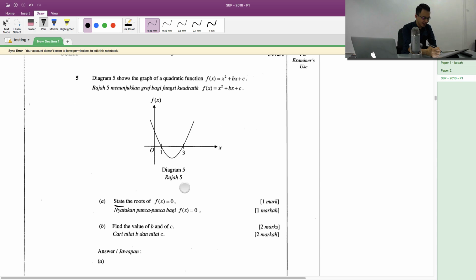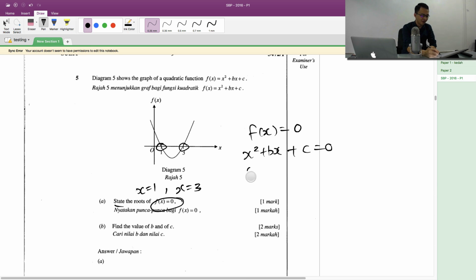So in this case, the answer of x is on the x-intercept. So x equals 1 and x equals 3, because you have two answers. So how do you find the answer of x when f(x) equals 0? That means x squared plus bx plus c will equal 0. Then you factorize.